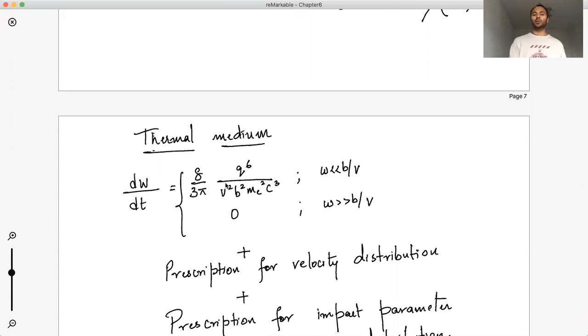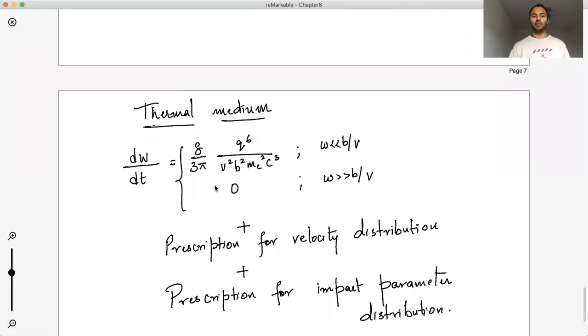And now you can use that to calculate the prescription for the impact parameter distribution. So you would take this expression, which is for a single collision, and do an average, integrating over the velocity distribution and the impact parameter distribution to get the emissivity of a medium.